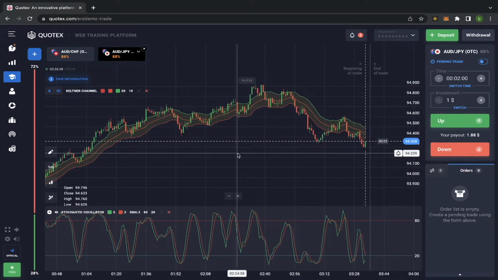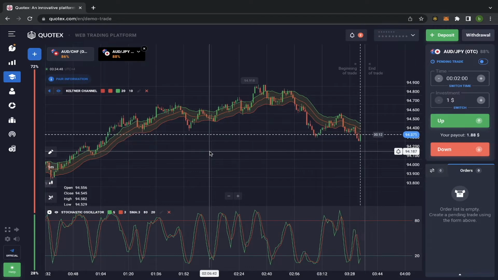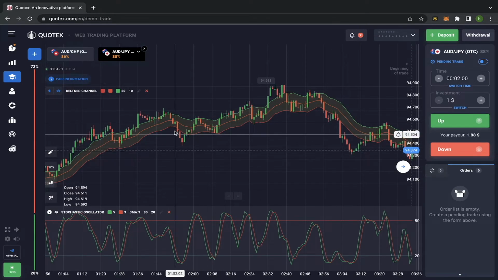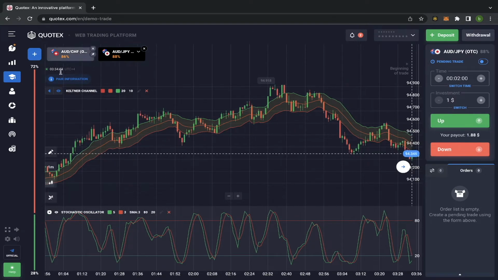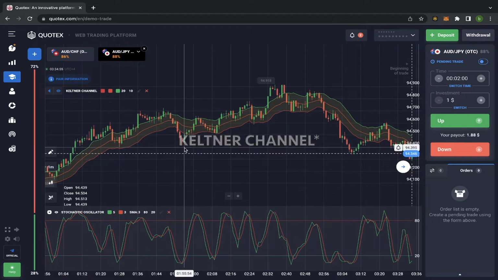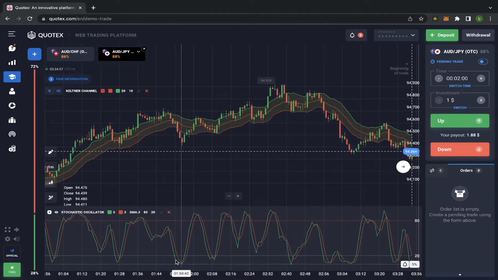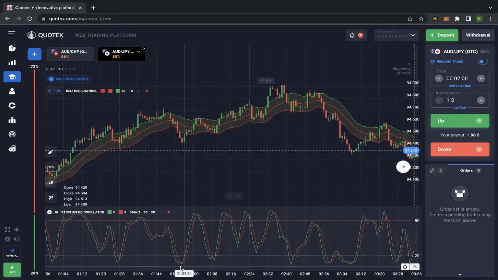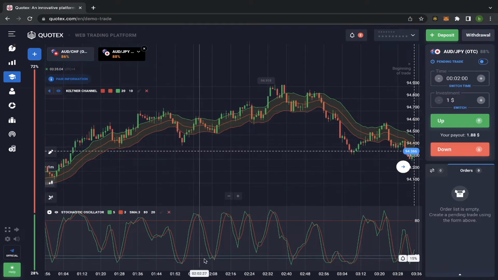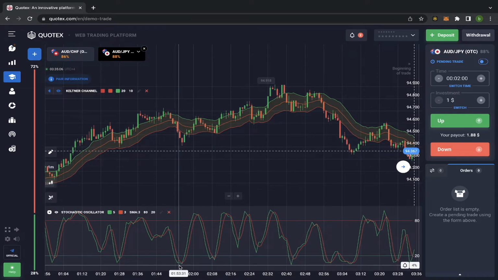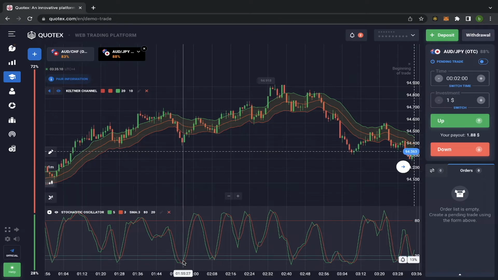Okay, so before changing the settings to show you guys how you can improve the strategy, I'll just go through the rules again. You will only buy when the candlesticks cross below the stochastic oscillator. That's your first confirmation. Second is look for an oversold market. For that, both the lines in the stochastic oscillator should cross the oversold line. And for your buying signal, you'll wait for the green line to cross the red line moving up.